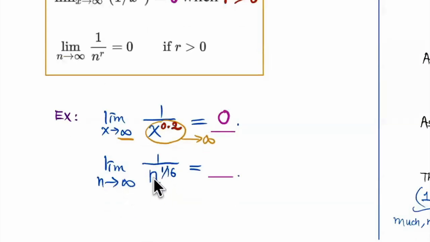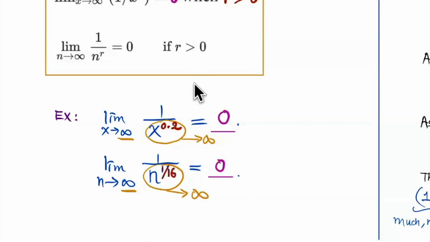When n goes to infinity, what does n to the 1 over 16 power go to? Oh, you mean the final result? Okay, I just talk about the denominator. What does the denominator go to? Yeah, it goes to infinity. And 1 over that will go to 0. Yeah, same thing, right?